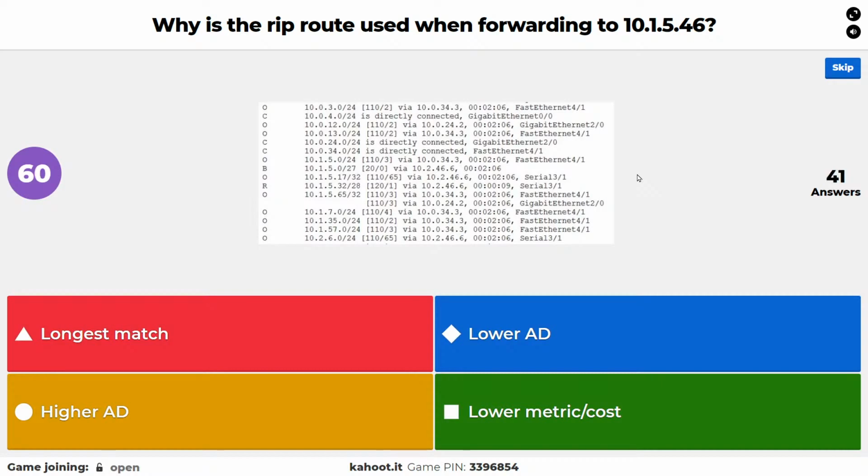Is that always true? Unless you're using policy-based routing. Yes. Or maybe Keith is trying to trick us. Maybe it's not the longest match that wins. Now I'm confused.